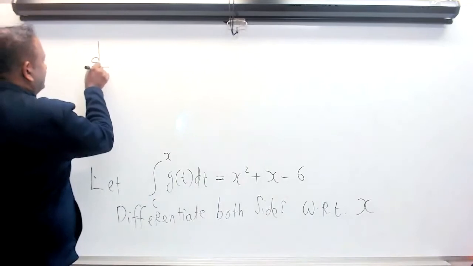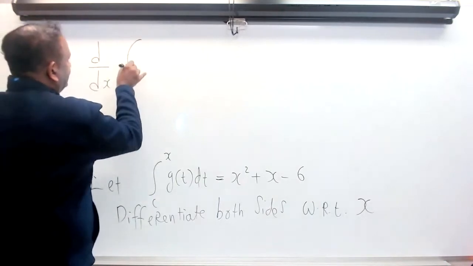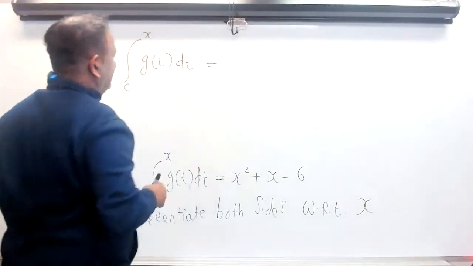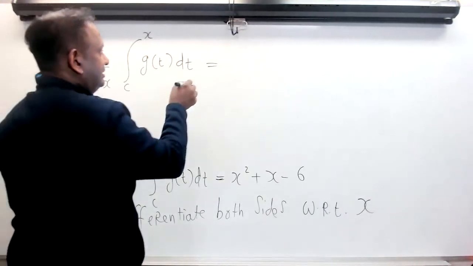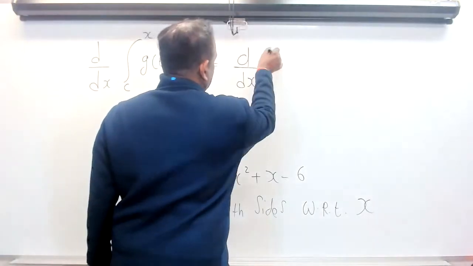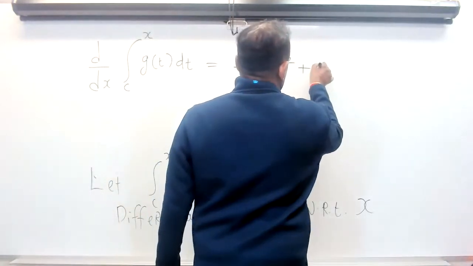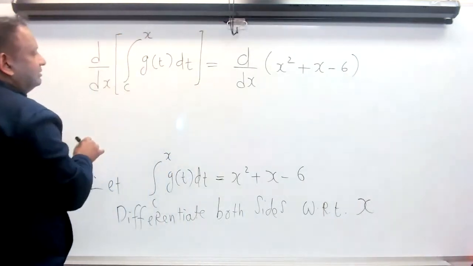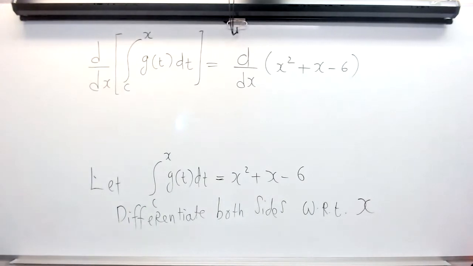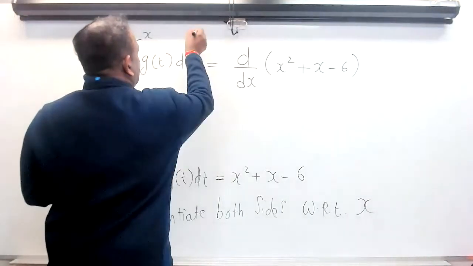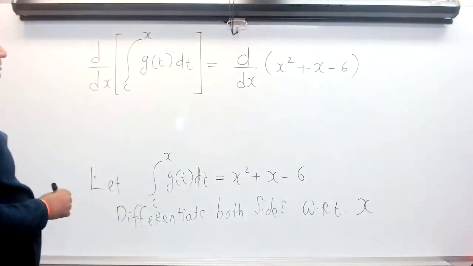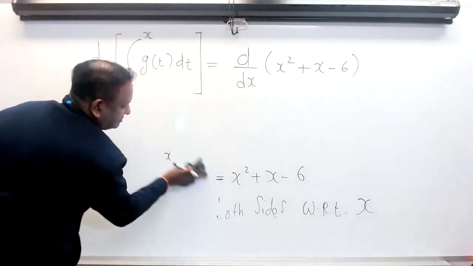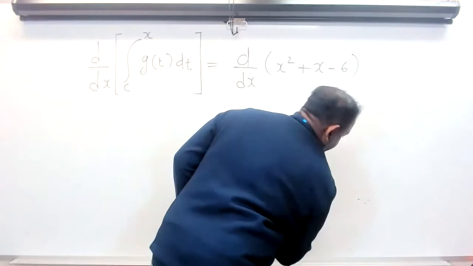I'm looking for d/dx of this guy, the integral from c to x of g(t) dt, on this side. The other side, I'm looking for the derivative of x squared plus x minus 6. This is what I'm looking for. So I'm going to erase this part. You don't need this one now.